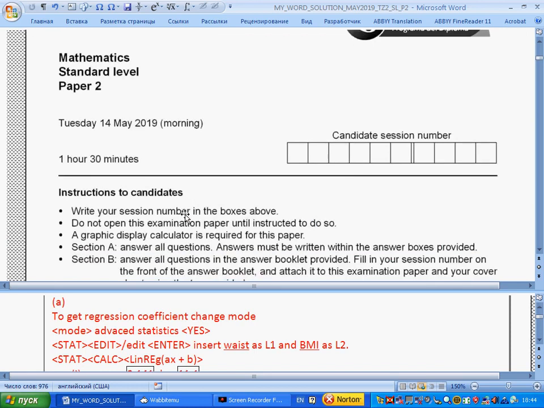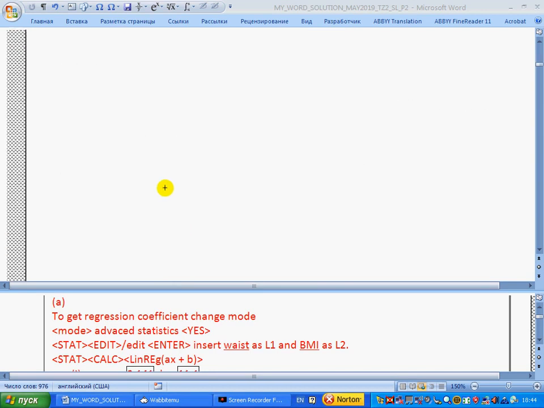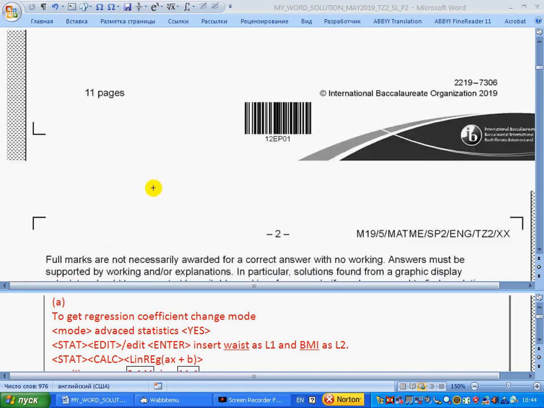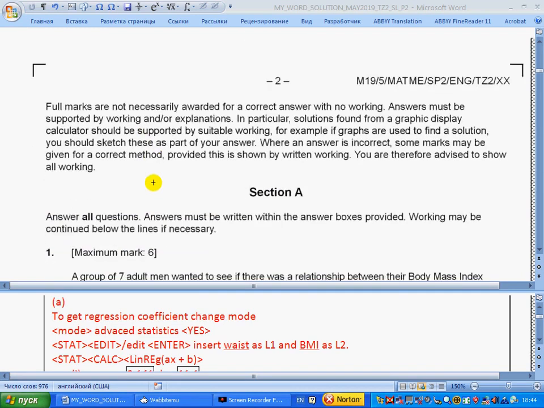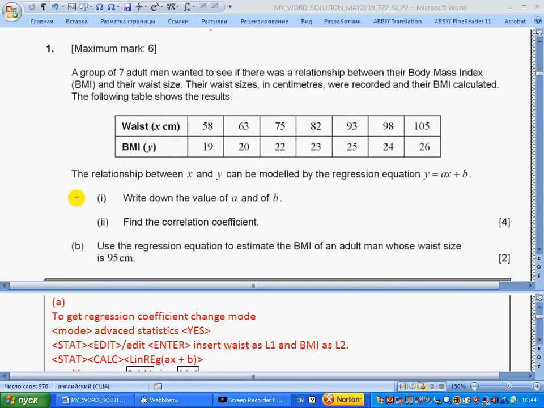So this is the cover page. Section A, question 1. Solution will be in the lower panel.